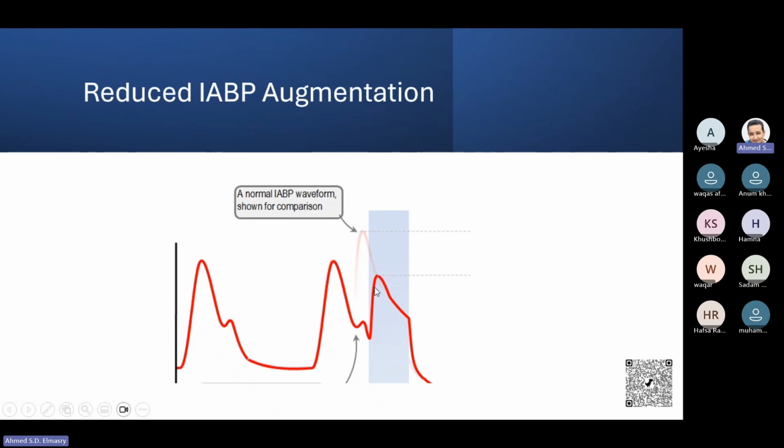This patient is having decreased augmentation, and probably it is related to a timing error, which is late inflation of the intra-aortic balloon, because the inflation should happen here at this point, and the augmentation reached this point. And because the inflation point happened at this point, the maximum augmentation of the intra-aortic balloon will not reach this point, you will reach only this point, and this will lead to suboptimal balloon augmentation.